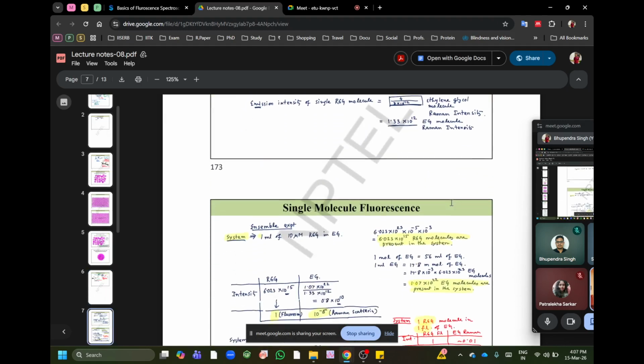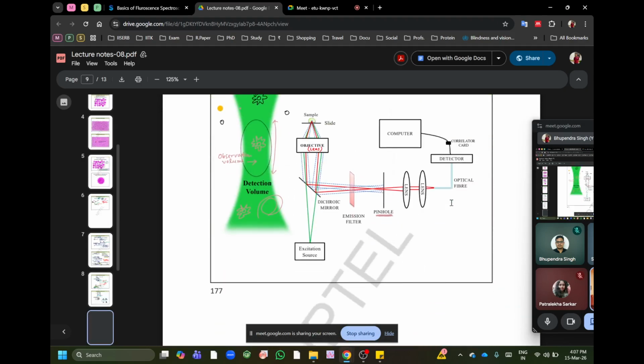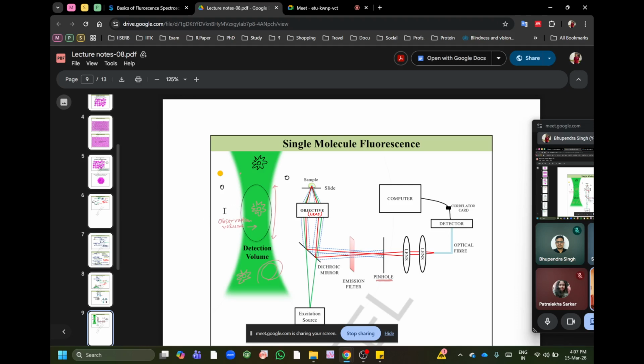So what I was talking about is this one. If you are able to see my cursor, I hope it is visible. Okay, it is visible. Let's say from here the protein is coming. You see this green, this yellow molecule, it is coming here, it will fluoresce, and then it will go away.